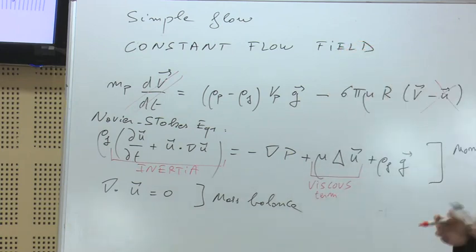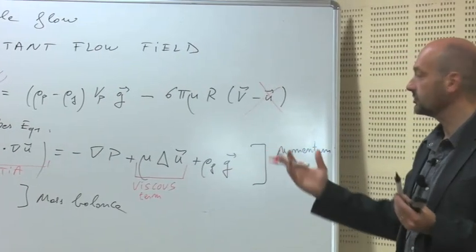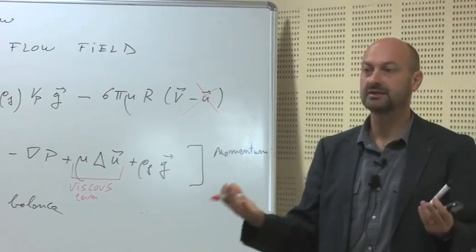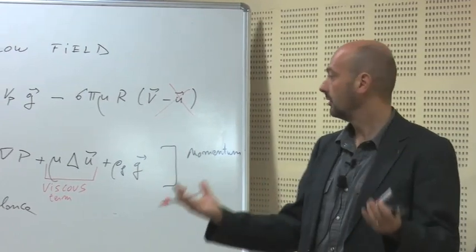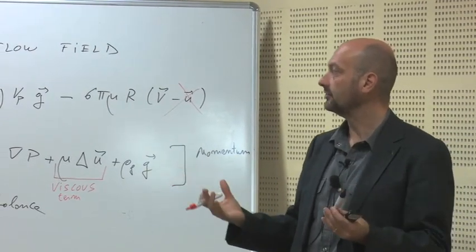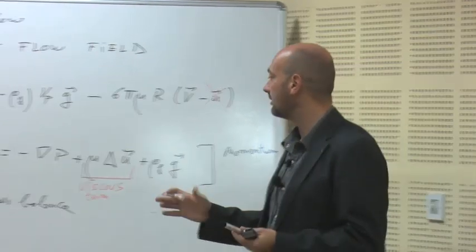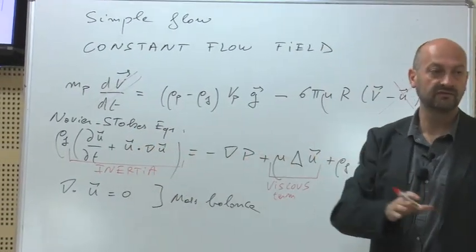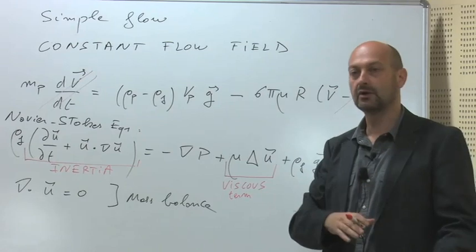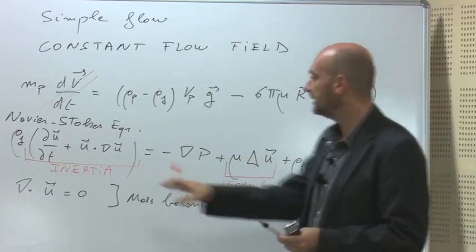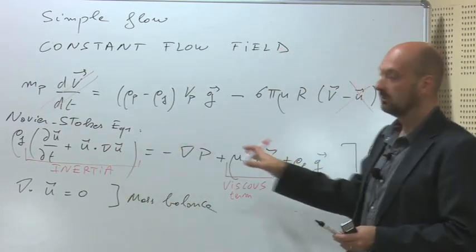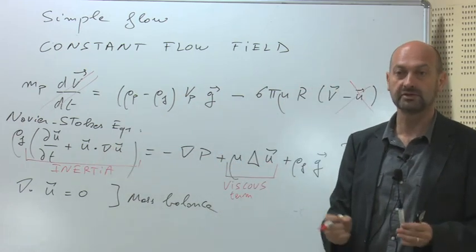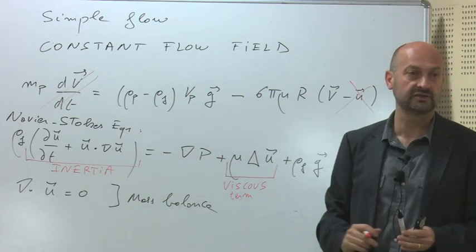Now if you do the balance, because in that equation you want to know which terms are dominating, you can build a dimensionless number that compares this effect with that effect. If this dimensionless number is very low or very high, it means that maybe you can neglect some terms and make the equation simpler. And this is what Stokes actually did.